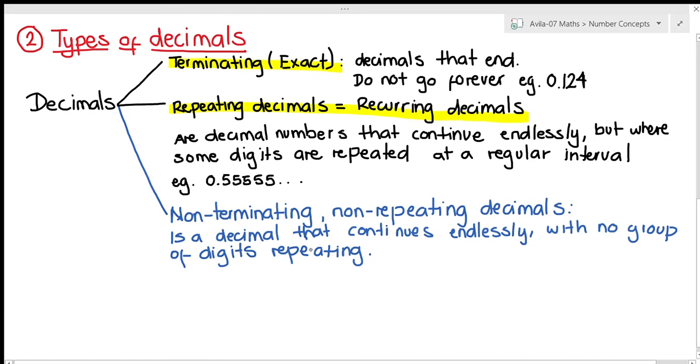Now, because it doesn't have any pattern, there are no groups of digits repeated. This is an important characteristic of this type of decimals that does not apply to the previous ones that we just covered.